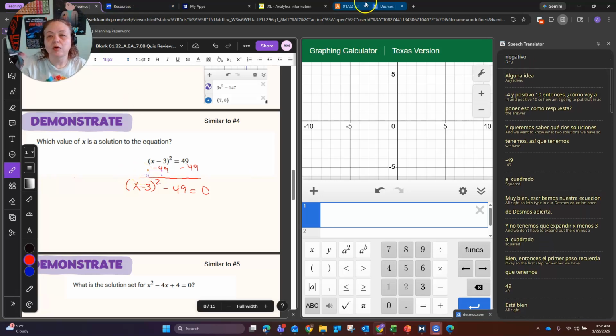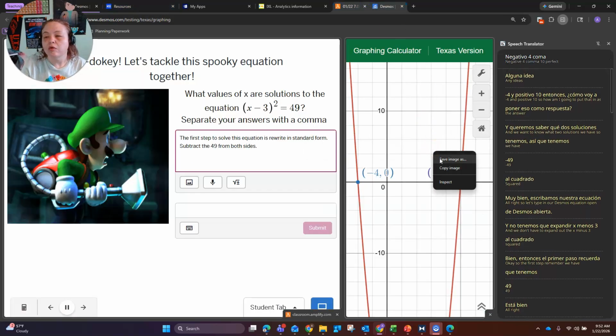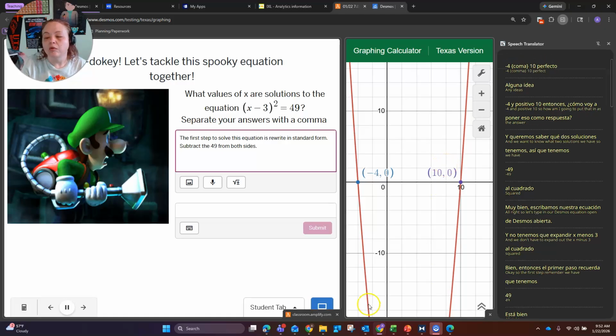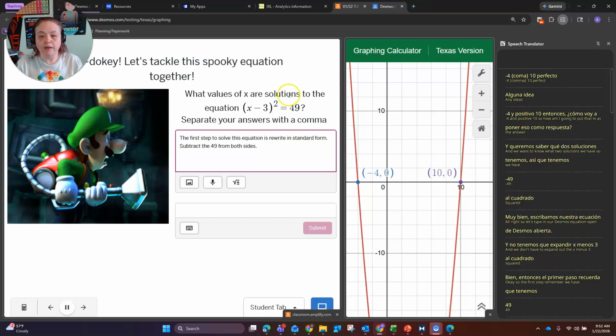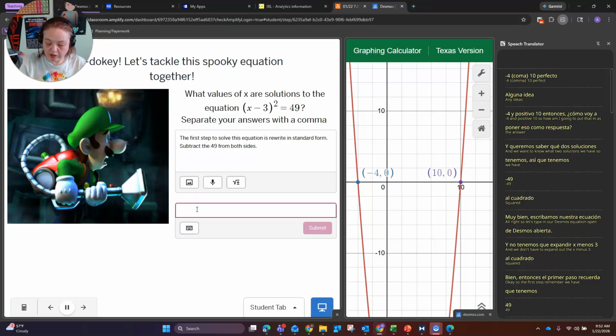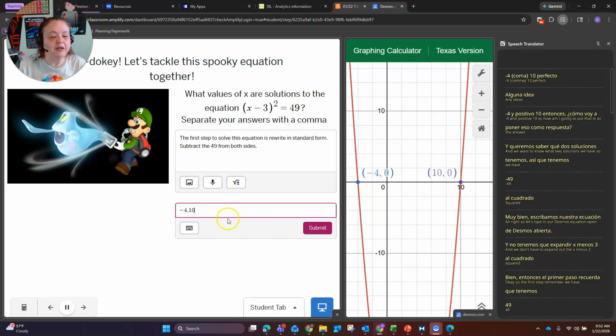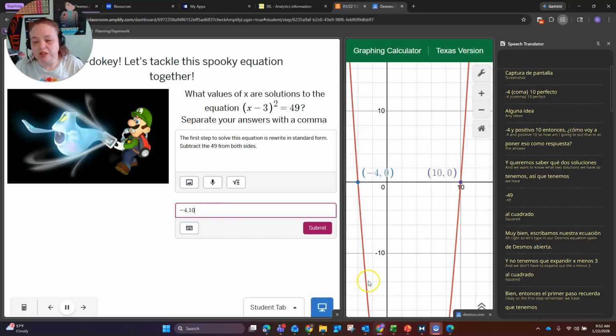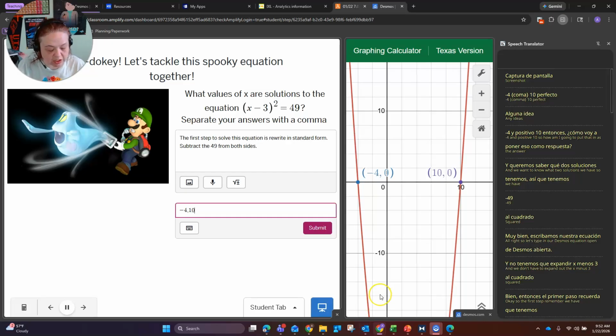See, that didn't work. I'm just going to screenshot. All right. So we put -4, 10. No spaces, or else Luigi won't catch the ghost, okay? So if you want Luigi to catch that ghost, make sure you don't put any spaces in there.